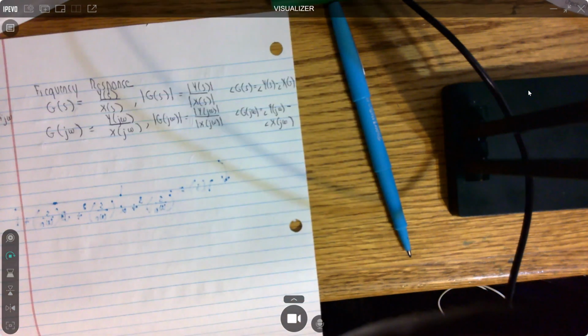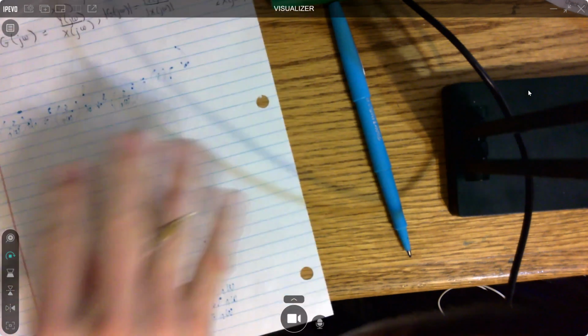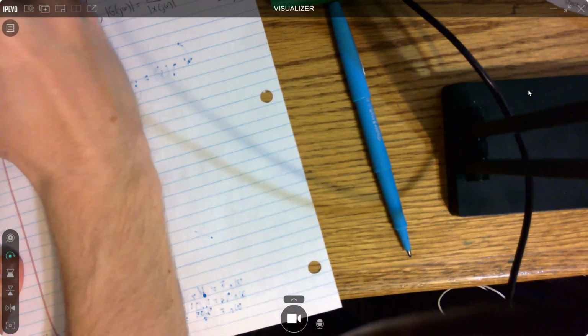And so that's our frequency response. Now that we got that, we're going to look specifically at Bode plots, how we're going to analyze them, and also how we can determine them. We're going to do a lot of examples, because the best way to learn Bode plots is doing examples.